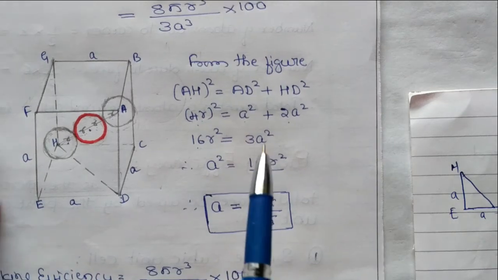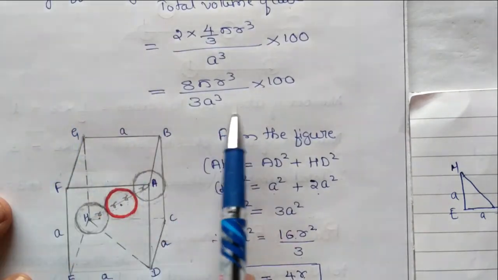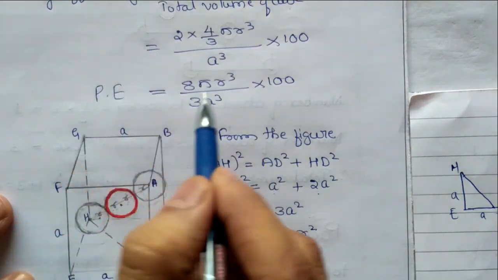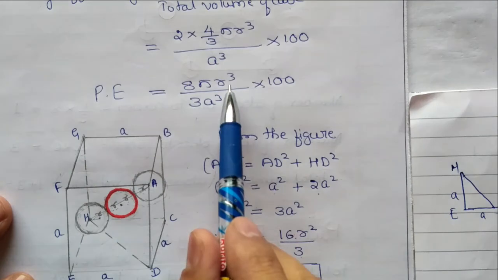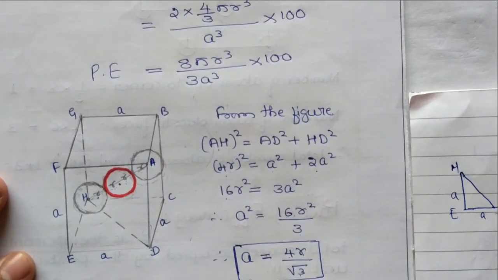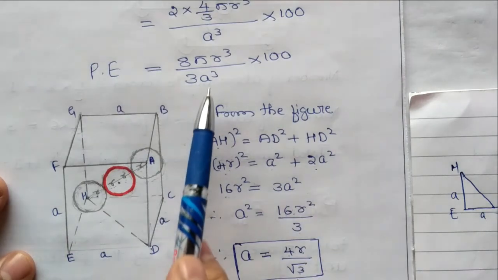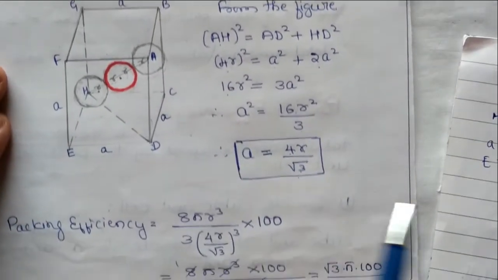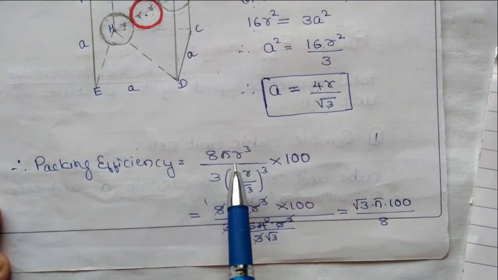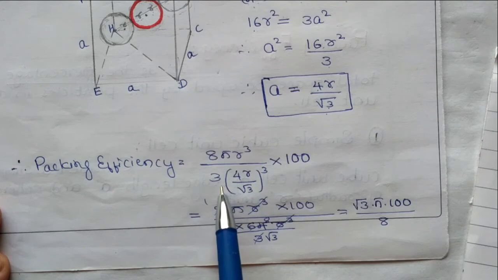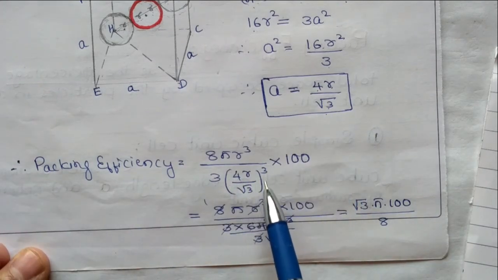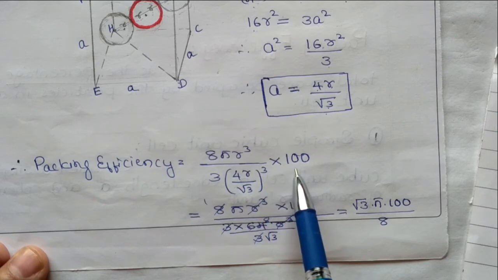Now you have to go for this formula once again. Packing efficiency equals 8 pi r cube divided by 3a cube into 100. Now we got the relation between a and r, so I will substitute it here. Packing efficiency equals 8 pi r cube divided by 3a cube, where a is 4r by root 3, whole cube, into 100.